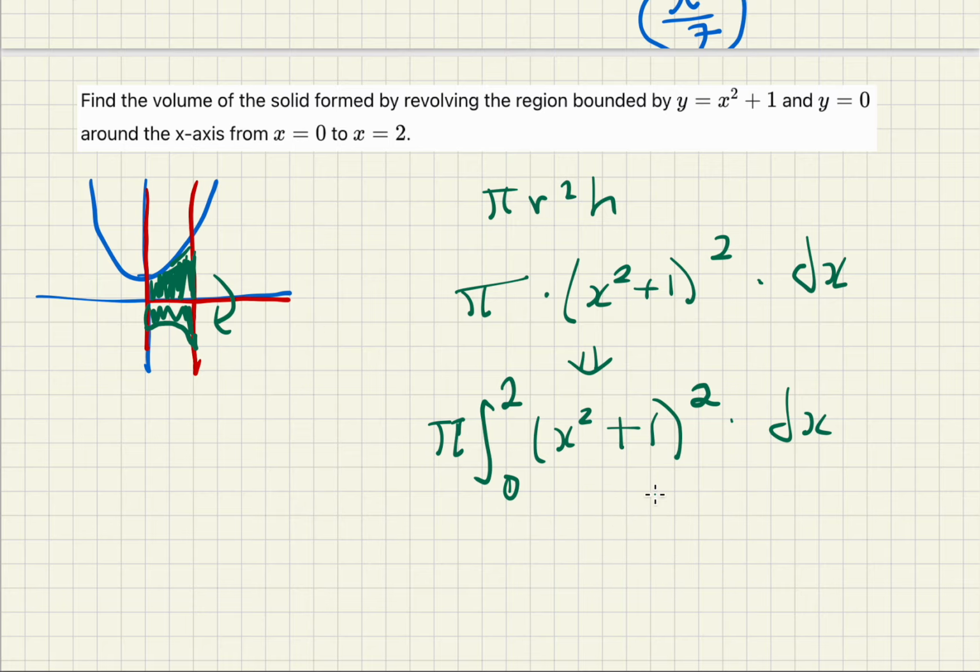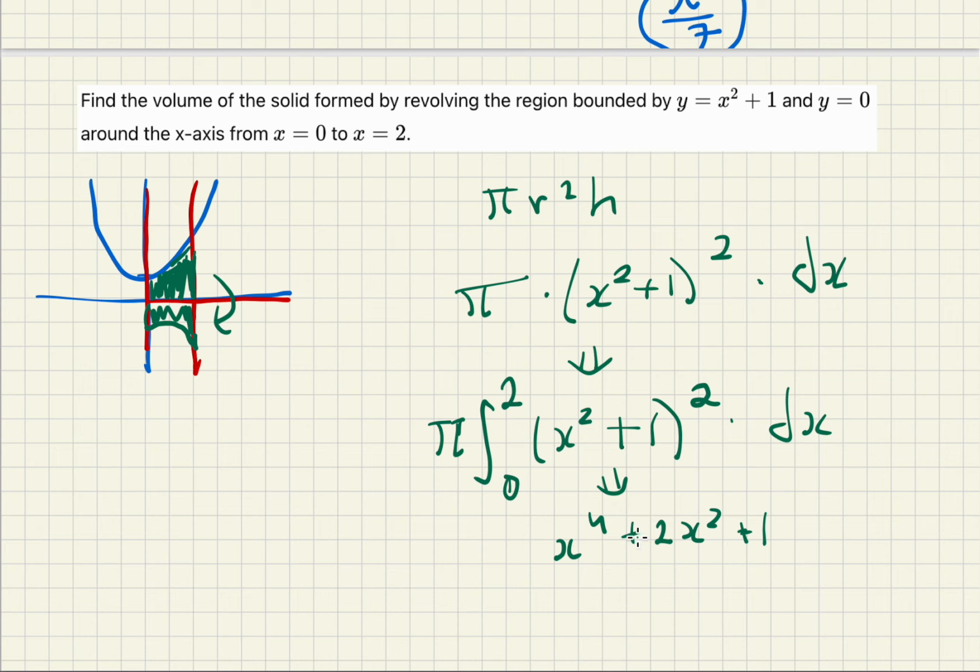To prevent doing a u substitution, you can actually just expand x squared plus 1, the whole squared, which is equal to x to the power of 4 plus 2x squared plus 1. All I did was expand it, because if I didn't, I would need to do a u substitution, and that's more complicated.